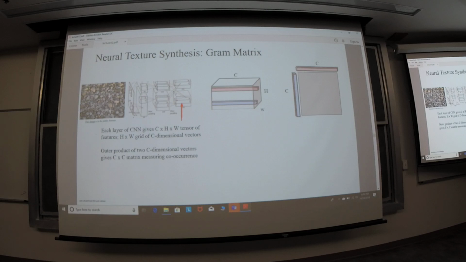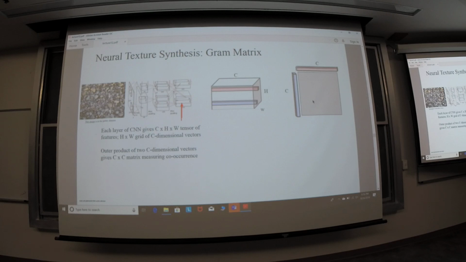They are trying to understand, using this gram matrix, whether the C vector in blue at a particular index of H and W is close to the C vector at a different index of H and W. Since it's basically a product of these two vectors, if you find that there is co-occurrence of the information, the product would lead to a high value in that particular index of this gram matrix. Okay.